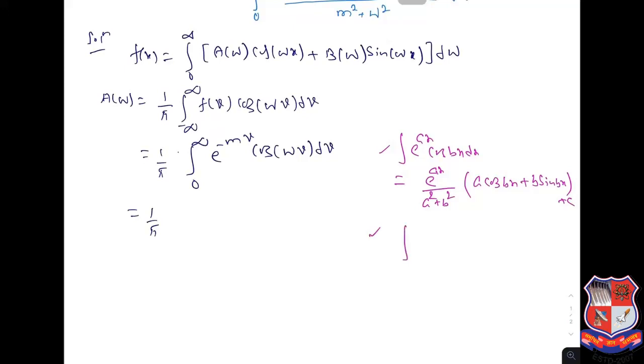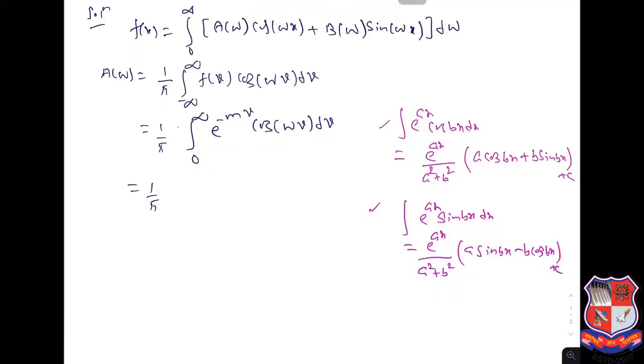And integration e power ax sin bx equals e power ax over a square plus b square times (a sin bx minus b cos bx).